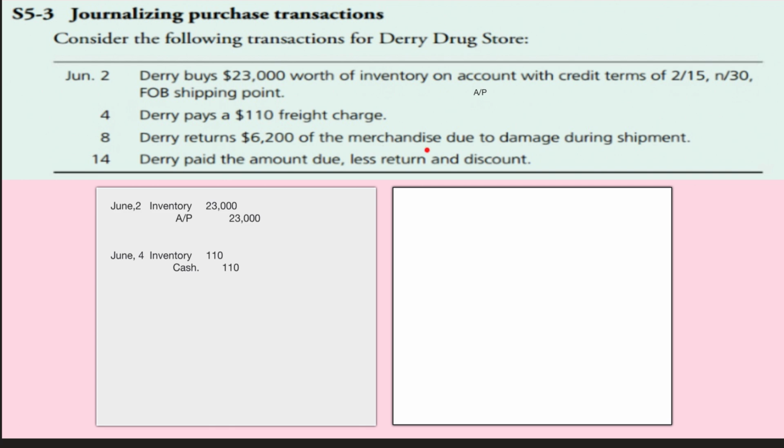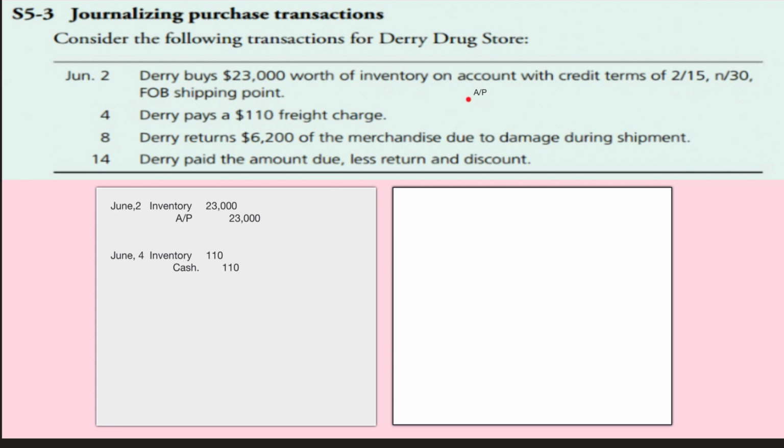I returned merchandise. Merchandise are the goods you purchase, meaning inventory. He's talking about inventory. Due to damage during shipment, meaning I had damage while shipping. Okay. So what shall I do? Now, when I return the goods, inventory will go down. It's an asset account. It decreases in the credit side.